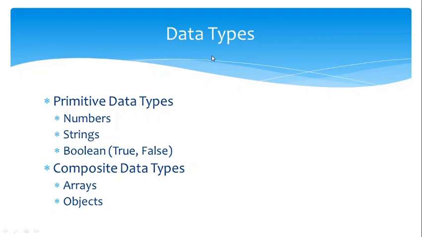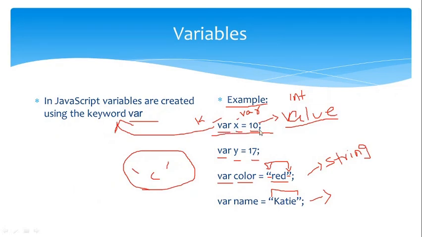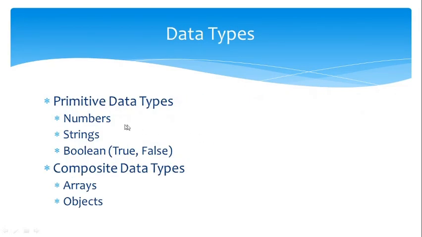Based on the data type, the storage will be allocated for the variable. Primitive data types: first, number, string, and boolean. Number is nothing but like an integer variable, as we just saw, var x is equals to 10. Whatever numbers you are giving, that is a primitive data type.